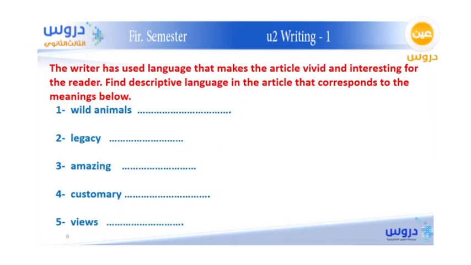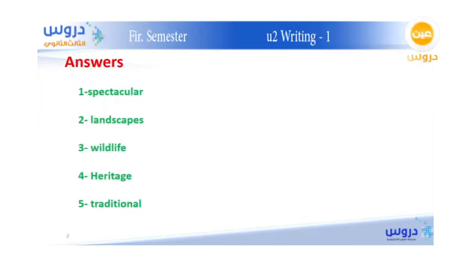Now we will see together, and the idea might be a bit clearer. Wildlife, spectacular. Landscapes. Number 3 is wildlife. 4, customary, heritage, and views, traditional. Alright?